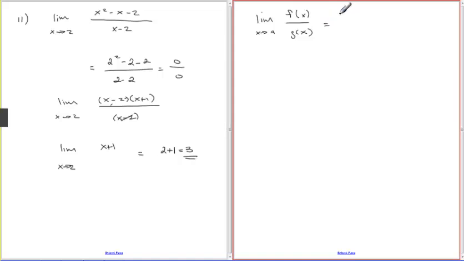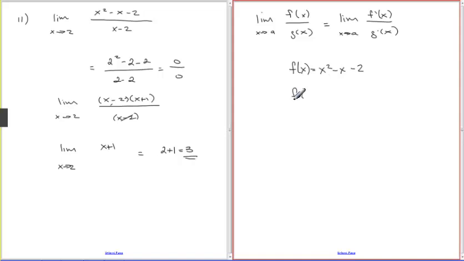So the other way of evaluating this is to take the limit of the derivatives. So we get f prime of x divided by g prime of x. In this case, f of x is x squared minus x minus 2.